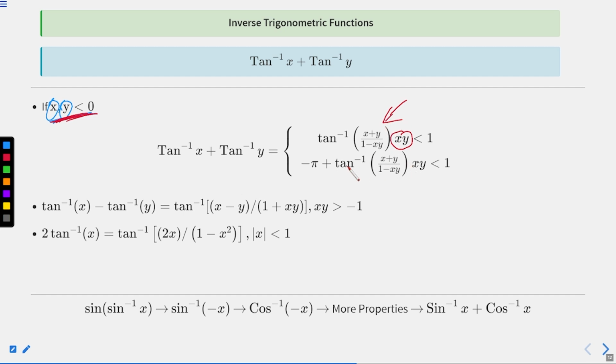And if it is greater than 1, then you will get an extra minus pi over here. I hope that it is clear. I am not going to prove it, because the proof is quite messy.